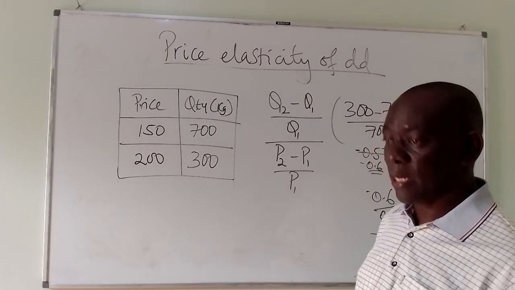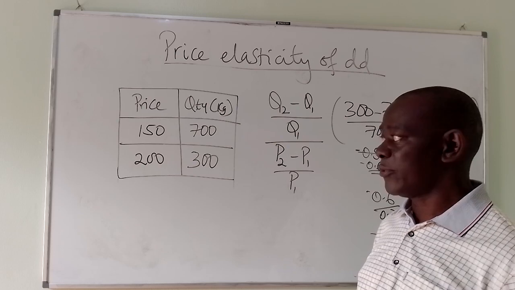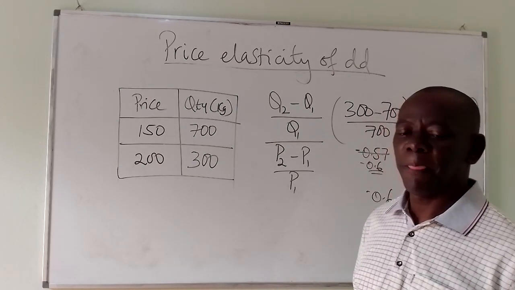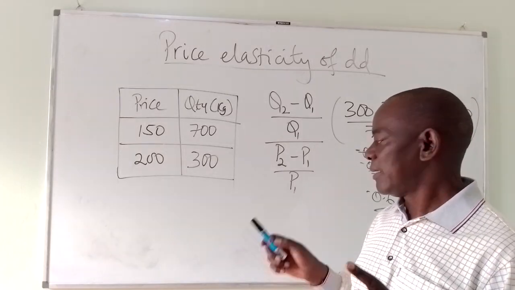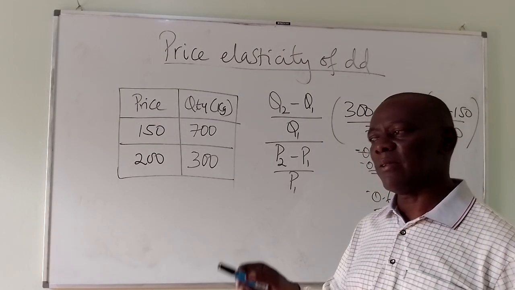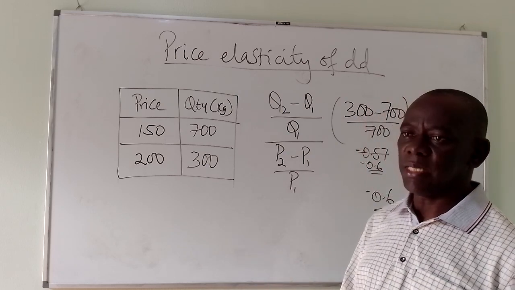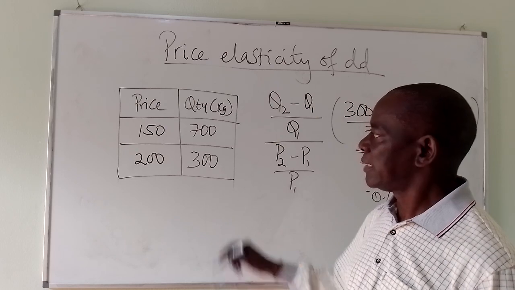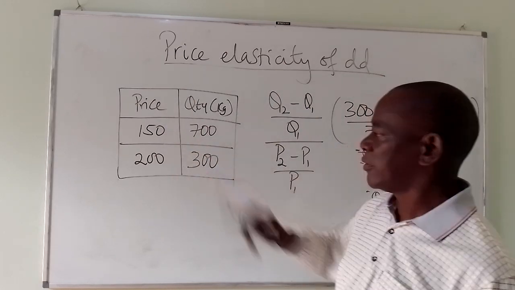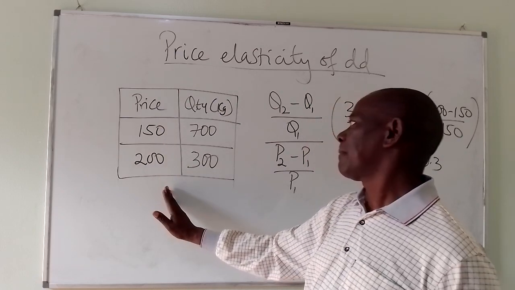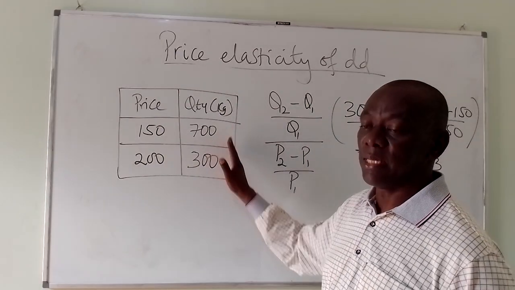I said by calculation it is supposed to be negative 2. Why is it negative 2? Because by the law of demand, the demand curve is a negatively sloping curve. It is downward sloping, as we have been seeing. Therefore, even here in the figures, when the price is increasing, the quantity demanded is decreasing.